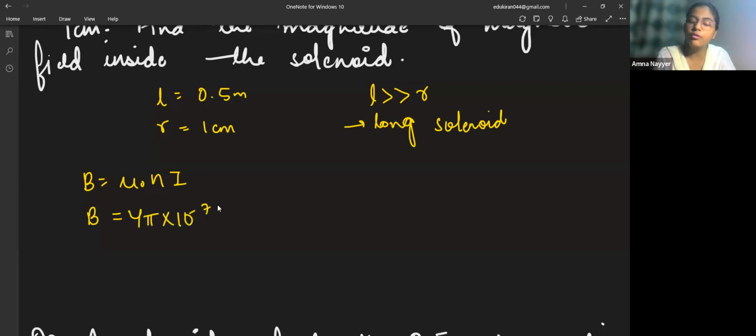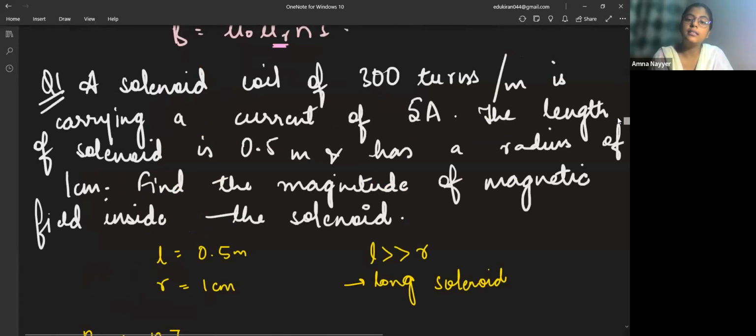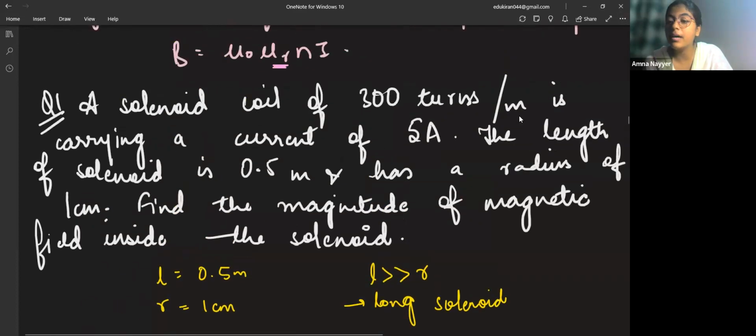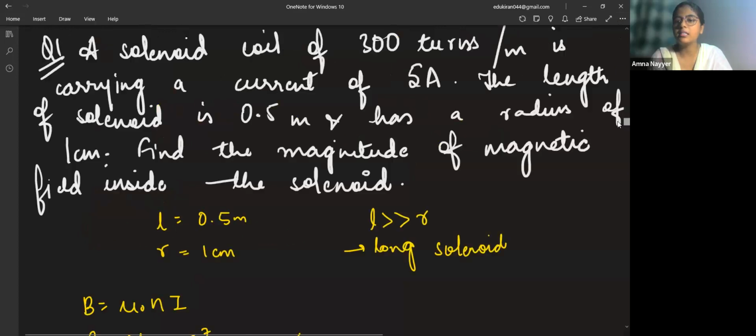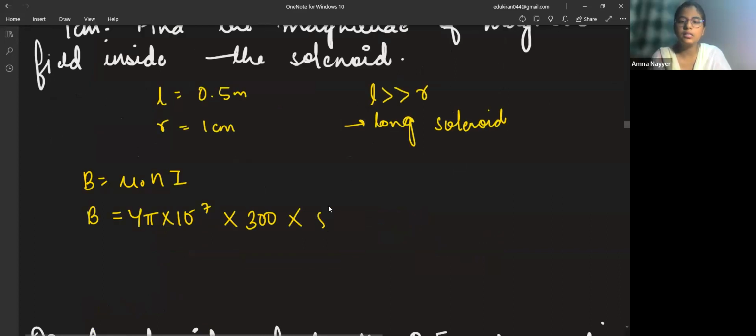Now, n is the number of turns per unit length. What is given? 300 turns per meter, that is the number of turns per unit length, so small n is given to us directly. We multiply by 300, and the current is given as 5 amperes.